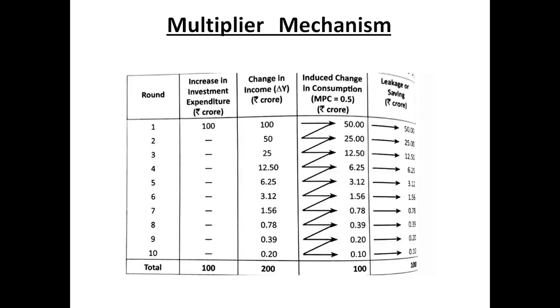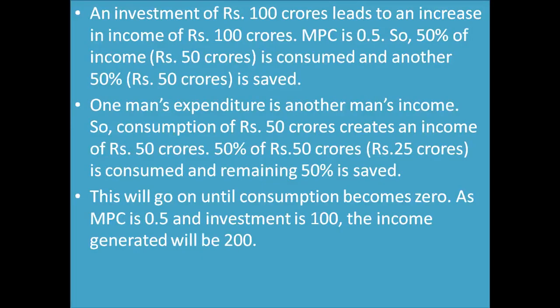This will be continued. MPC 0.5, investment is 100 crore. Income generated will be 200 because multiplier is 2. This question is very important for exam. Yes, students, you can read the description also.